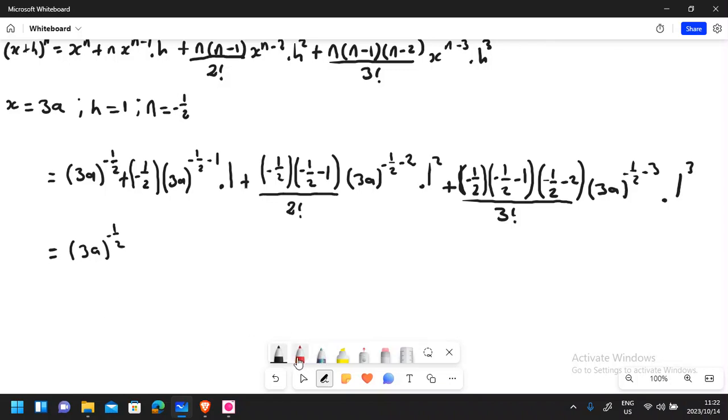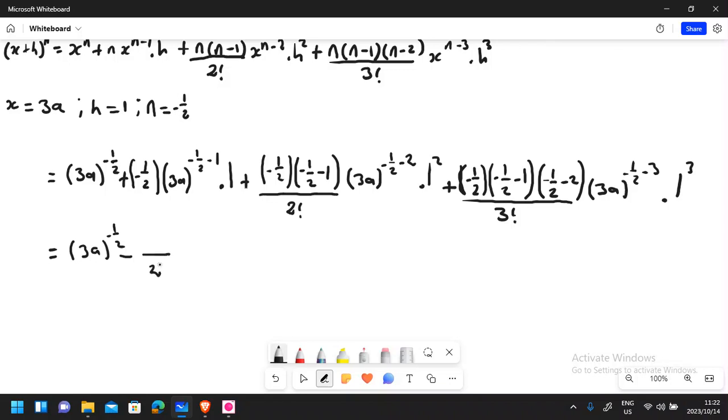Okay, now let's look at the second term. Now the second term, we have half multiplied by negative half multiplied by 3a to the power of negative half minus 1. So meaning we're gonna have negative here. Okay, subtraction. We're gonna have subtraction. So how are we gonna write it? I would say let's write it as half.